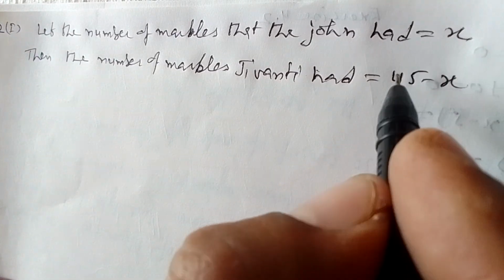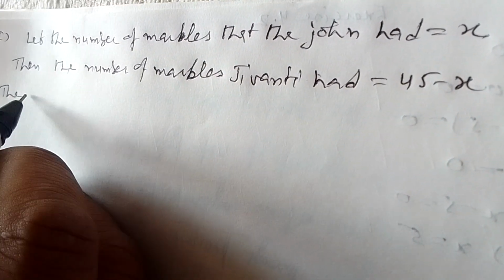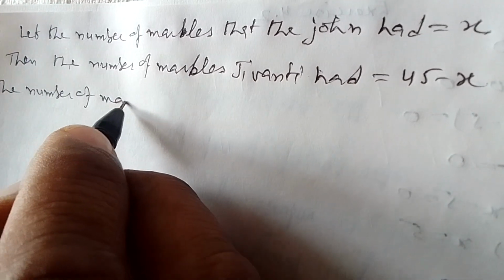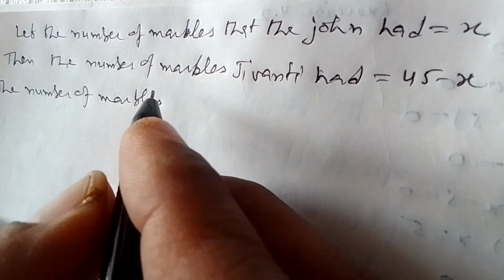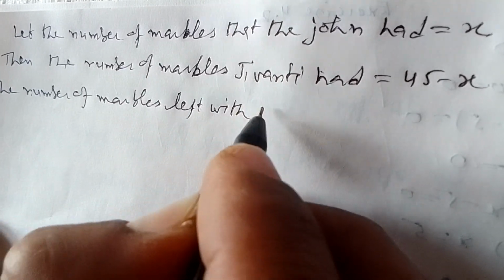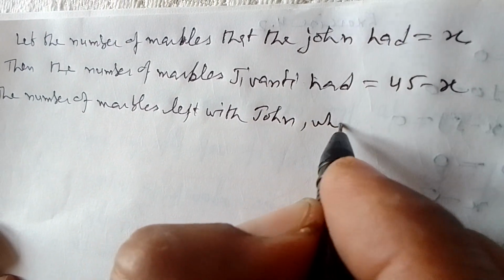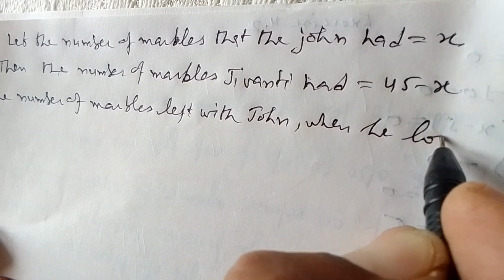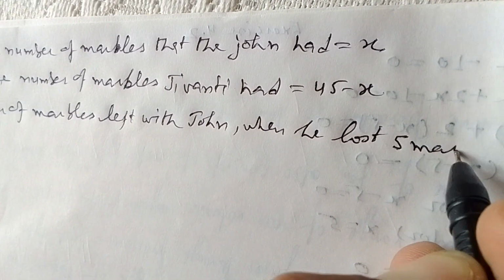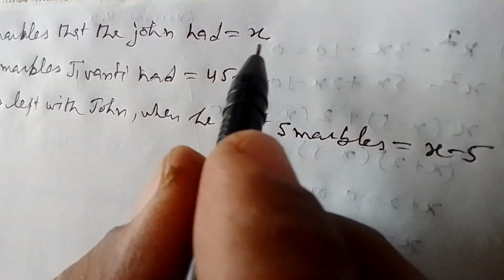So the number of marbles left with John when he lost 5 marbles becomes x minus 5, because he has x marbles.